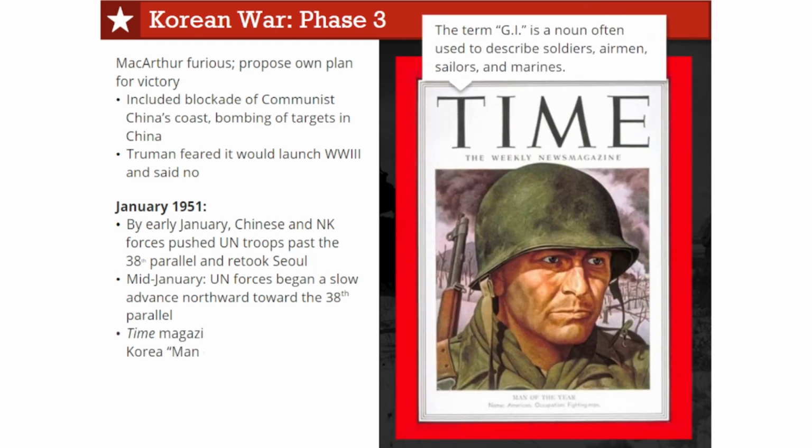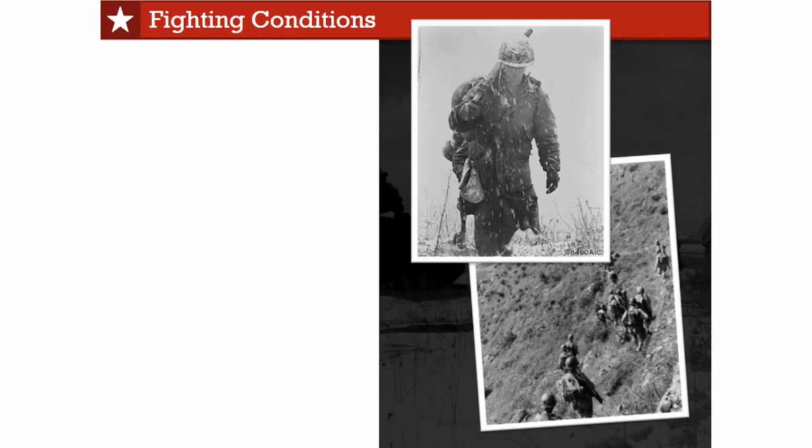Also in January, Time magazine named the GI in Korea Man of the Year. And in striking contrast to nationwide polls conducted in the early months of the war, in January 1951, 66% of Americans polled wanted to pull U.S. forces out of Korea.